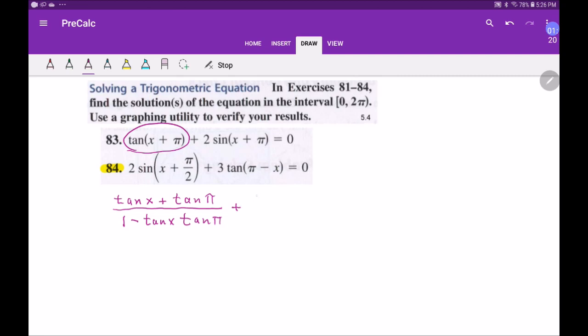Then 2 times the sine of sine x cosine pi. We're going to keep the same sign, and we're going to say cosine x sine pi, because this is what we do. I recommend the brackets to keep ourselves from making a mistake.